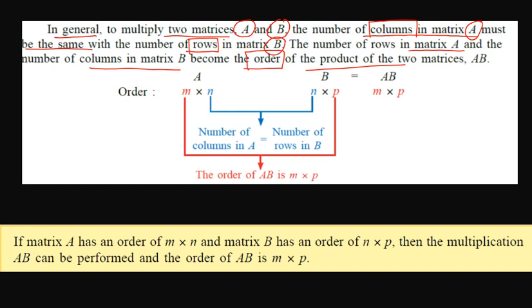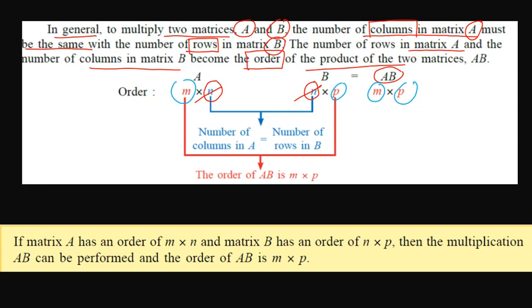First, the column of matrix A must be the same as the row of matrix B. And the order of the product of the matrices, this is the product, must be, like you cancel this one, M by P.